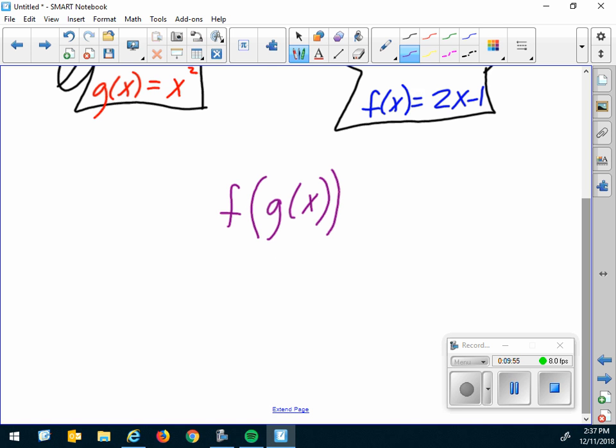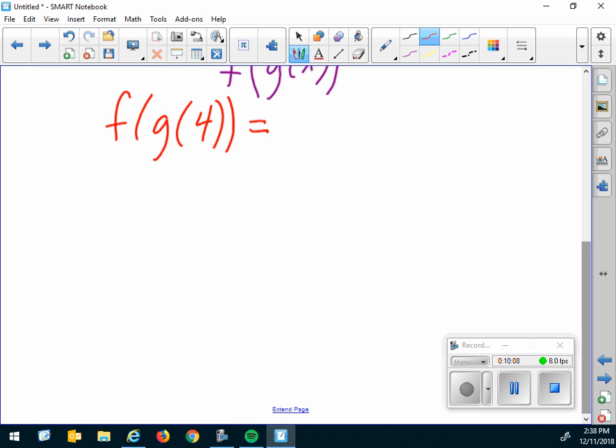Let's do with these two functions that we've got up here. Let's do one. Now I'm going to write f of g of 4. Now, how can you look at this and tell which function you do first? The inside, because which one are you doing to 4?